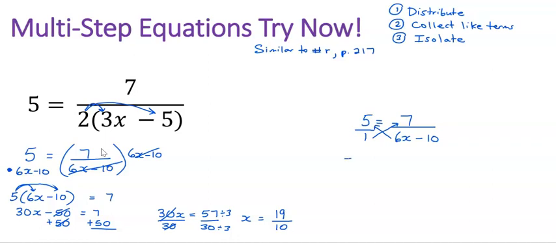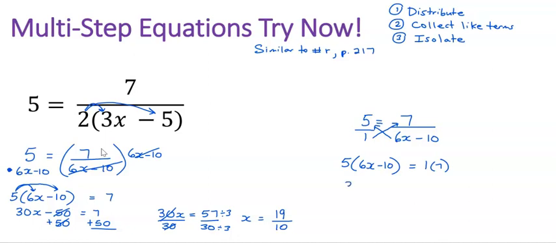It's the exact same thing, so we're still going to multiply 5 times 6x minus 10 on one side is equal to 1 times 7 on the other side, which we know is just 7.